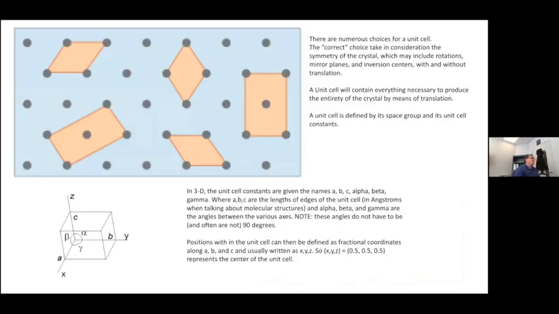Okay. One of the things we talk about with a crystal is the crystal lattice. And so you can think of this as imaginary points that are spaced out in a regular repeating pattern, sort of like a grid, shown here in 2 dimensions.